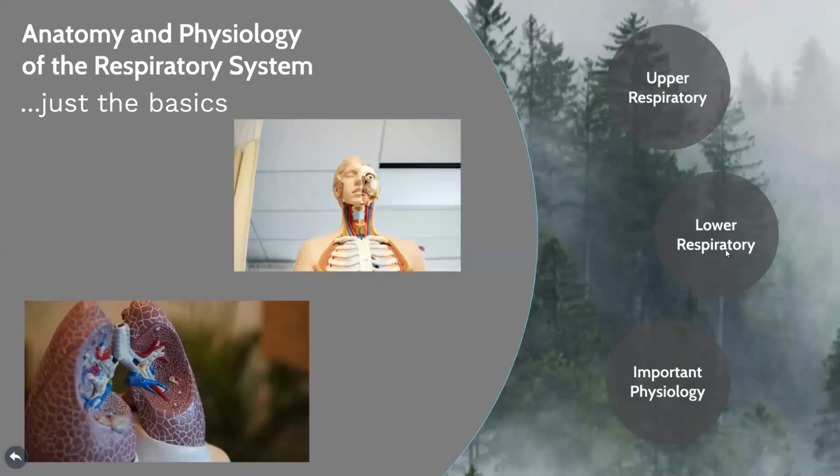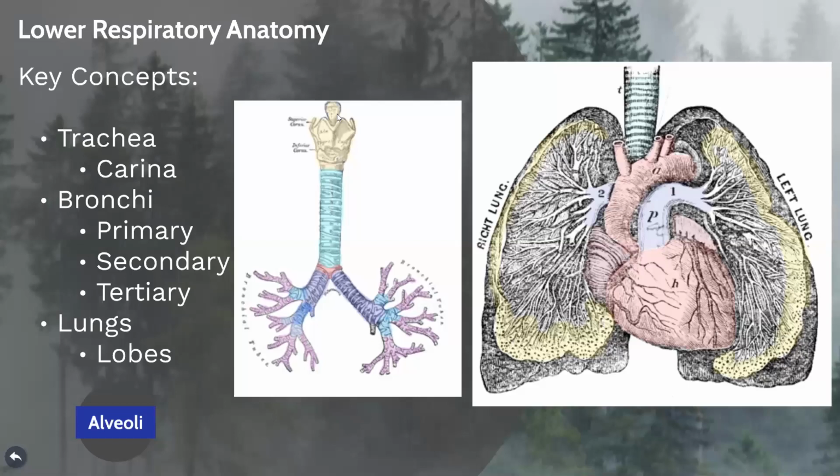For now, let's move on to the lower respiratory anatomy, and this has a bit more going on. The trachea is what forms after the larynx. So there's our thyroid cartilage, the Adam's apple, this is all larynx that I colored kind of yellowish here. And then we get the trachea.